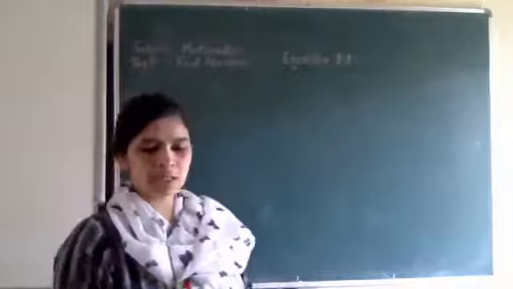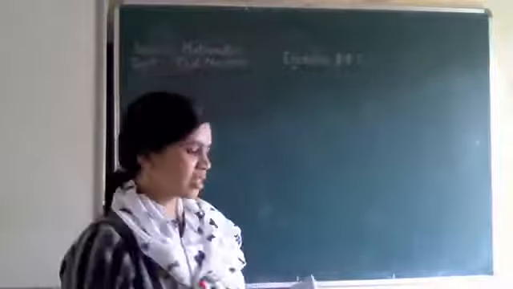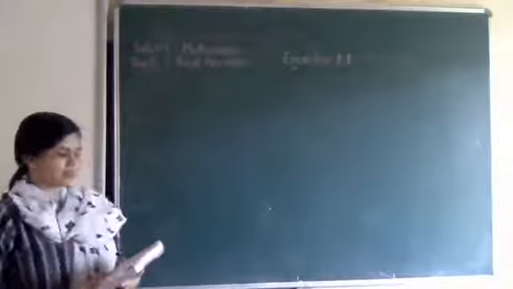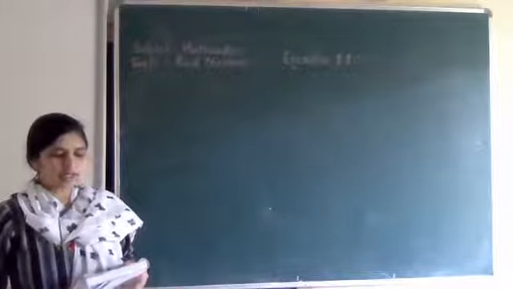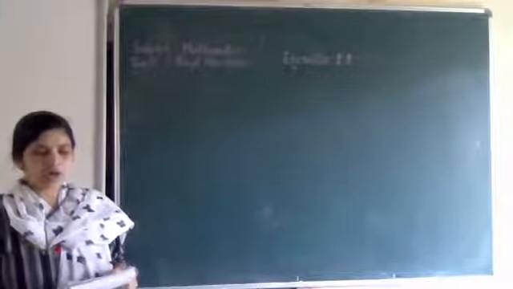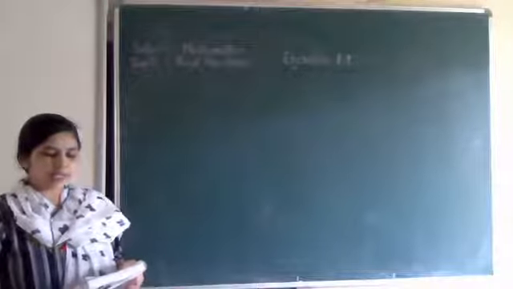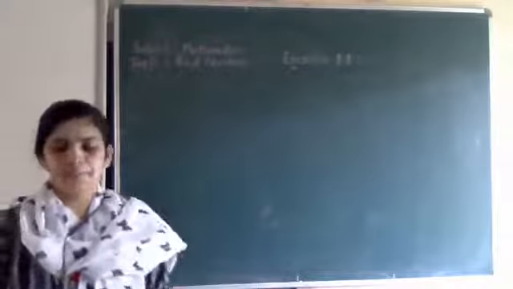Second question. Show that any positive odd integer is of the form 6q plus 1 or 6q plus 3 or 6q plus 5, where q is some integer.